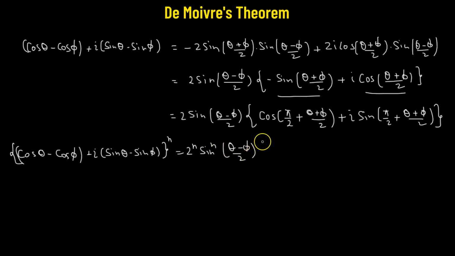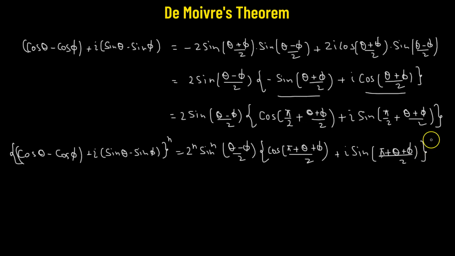And here we have cosine of (pi plus (theta plus phi)/2) plus iota times sine of (pi plus (theta plus phi)/2), whole raised to the power of n.